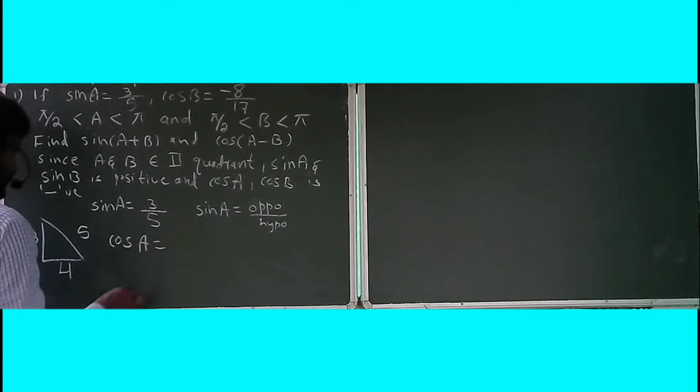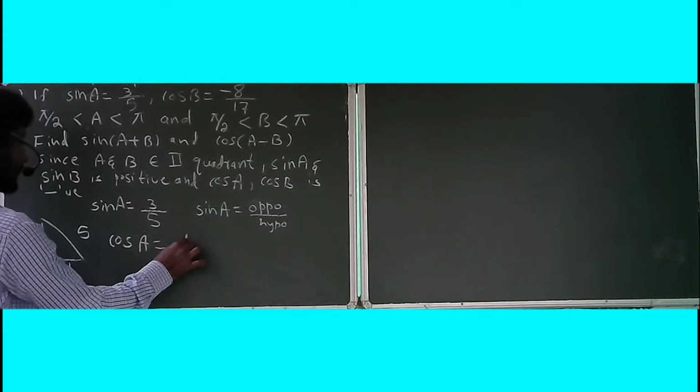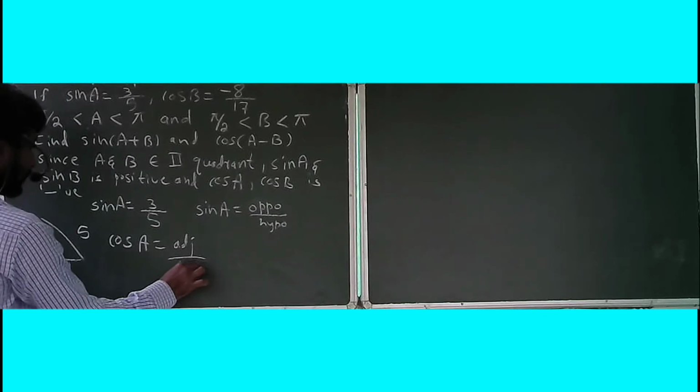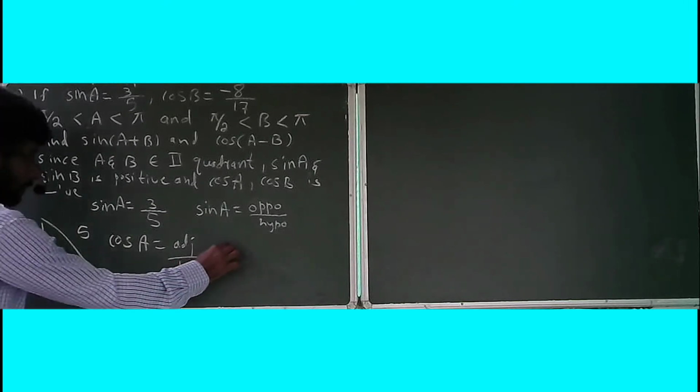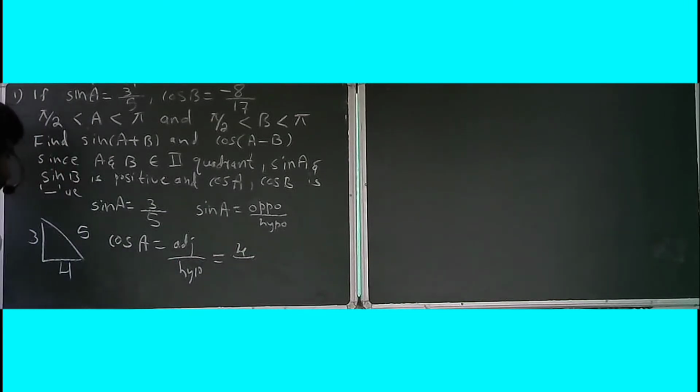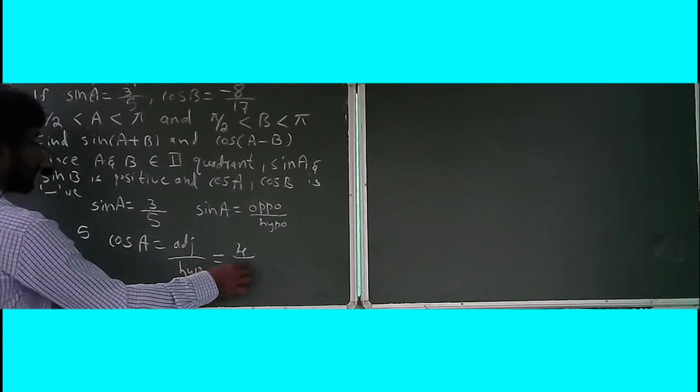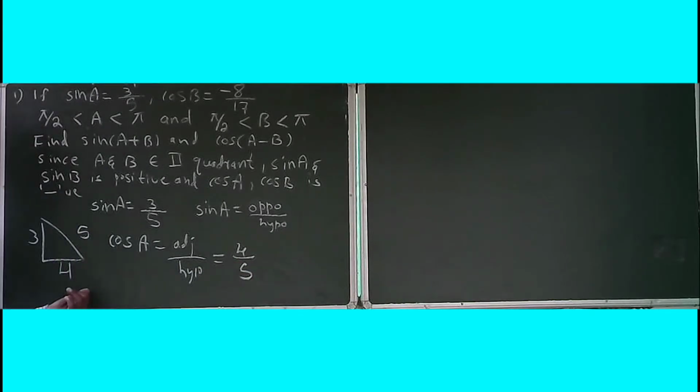Cos theta formula is adjacent divided by hypotenuse. Adjacent value is equal to 4, hypotenuse value is equal to 5. By the triangle, you are getting cos A value is equal to 4 divided by 5.